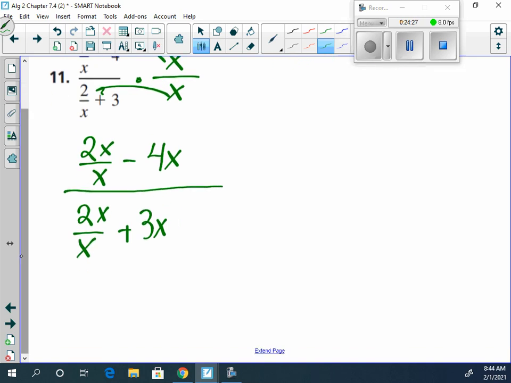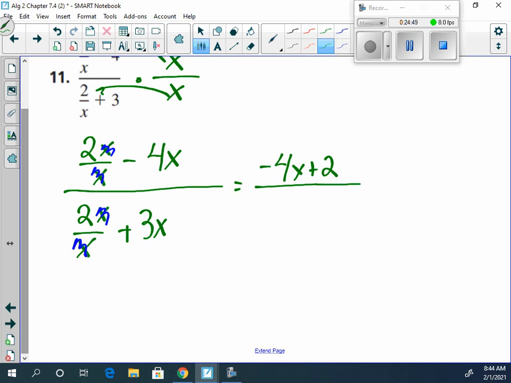Well, what can we do? Well, these cancel out, leaving us with what? I'm going to say negative 4x plus 2.